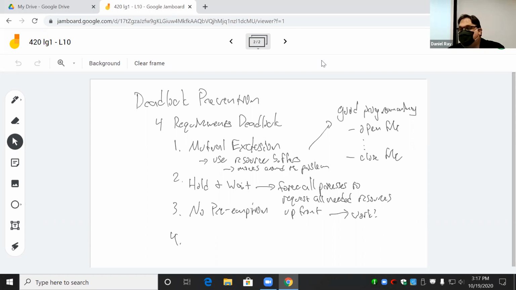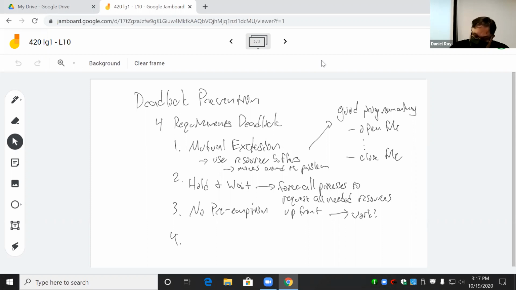Imagine if that were the case. Then we'd have another problem on our hands. Which processes should have preeminence over other processes when it comes to having resources? And that is not a question with an easy solution in and of itself. So there doesn't seem to be an easy way forward attacking that condition either.